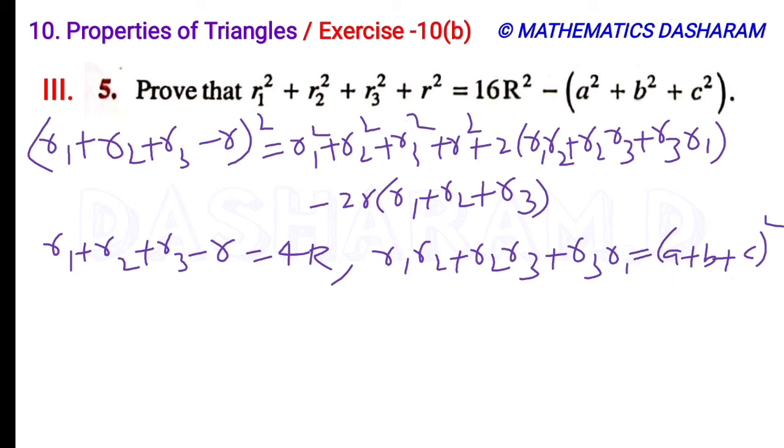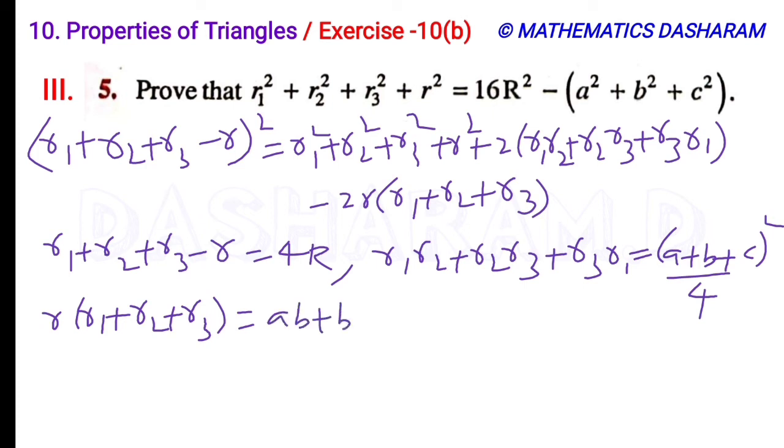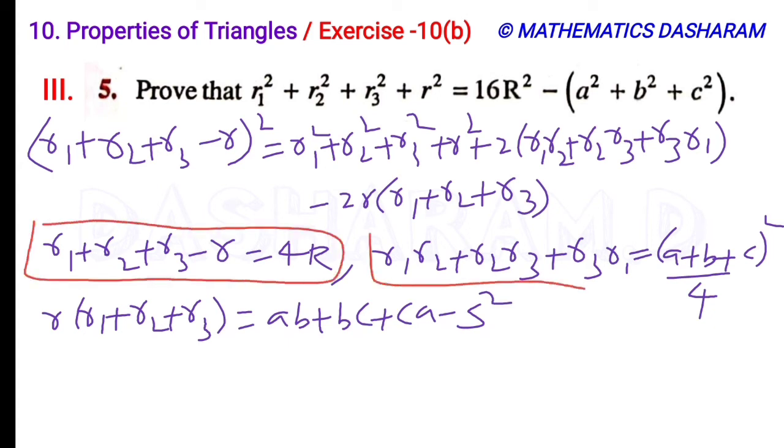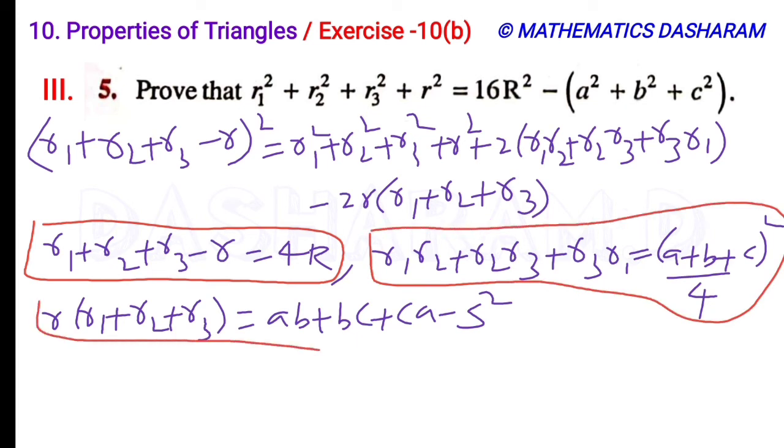Actually in the exercise, 4 bracket of this equals a plus b plus c whole square, so I am transposing 4 to the RHS. Next, r into bracket of r1 plus r2 plus r3 is also in this exercise. It equals ab plus bc plus ca minus s square. So substitute these three values in the above formula.